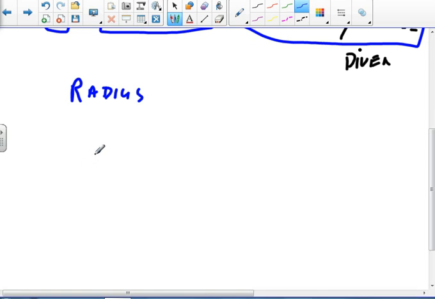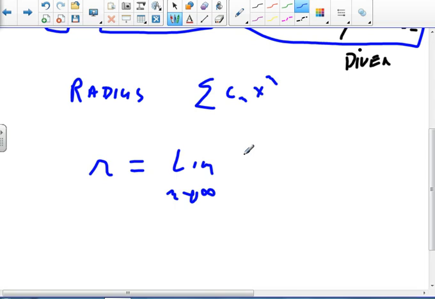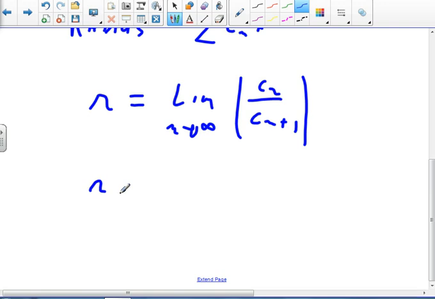It says that if I have some c n x to the n guy, and I look at the limit as n goes to infinity of the absolute value of cn over cn plus 1, because this could be doing a plus and minus thing, and I see that this r is equal to 0, then the series is going to diverge.